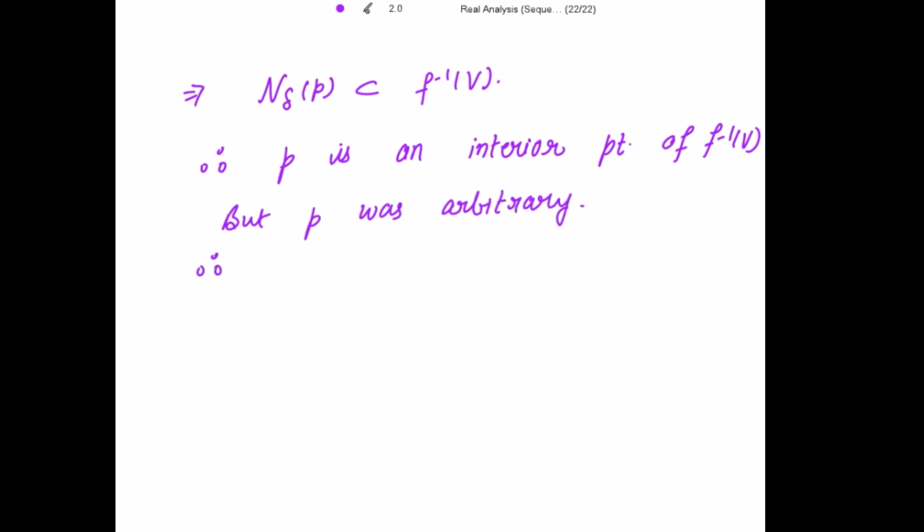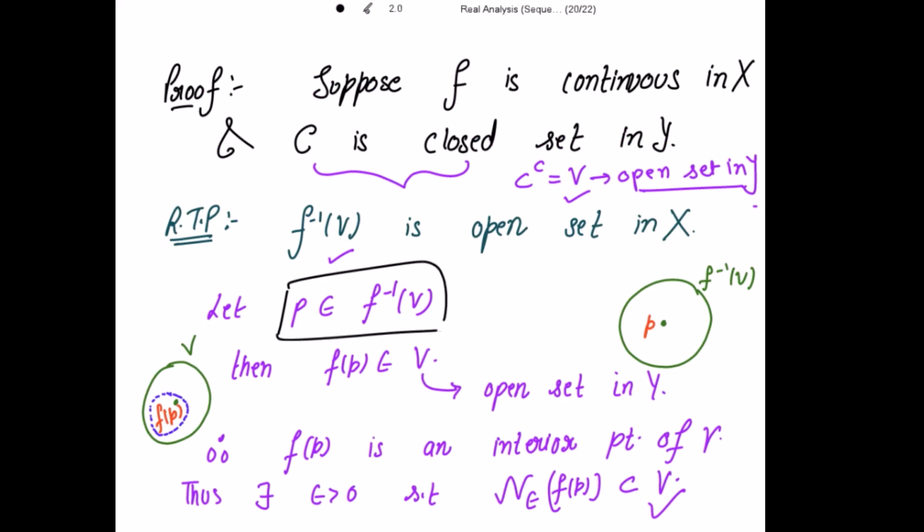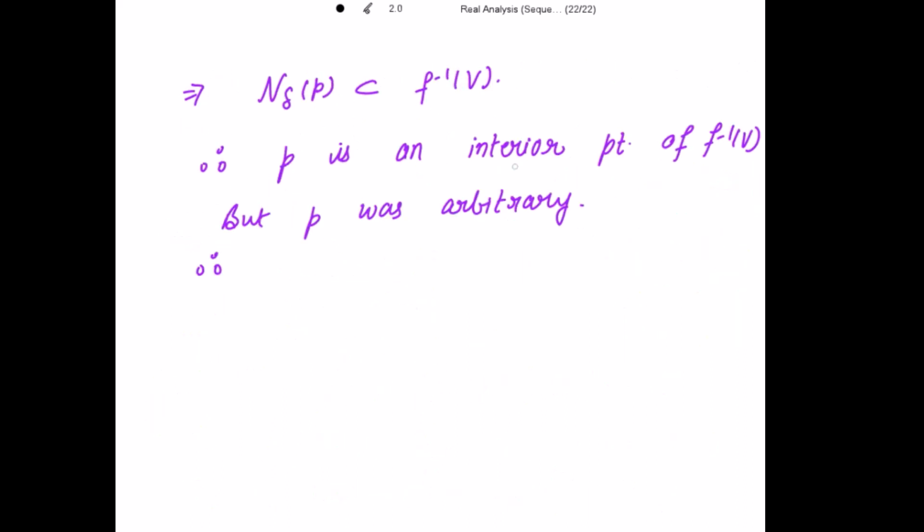So therefore, every point of f inverse V is an interior point of f inverse V. From where have I taken this point P? From f inverse V, and P was arbitrary. So every point of f inverse V is an interior point of f inverse V, right?